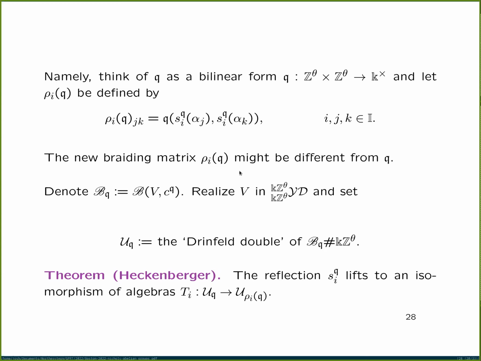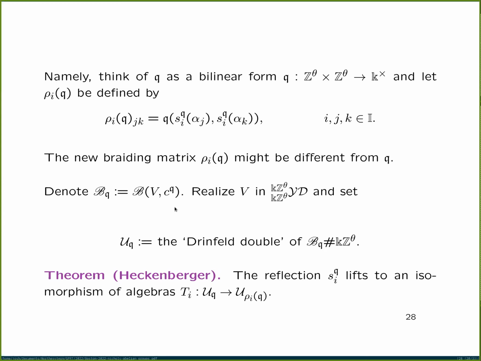For simplicity, instead of V of CQ, I will denote V_Q. And I will realize V in the category of Yetter-Drinfeld modules over the group algebra of Z^theta, where the coaction is given by the degree which I explained before, and the action is the only one that you can imagine.